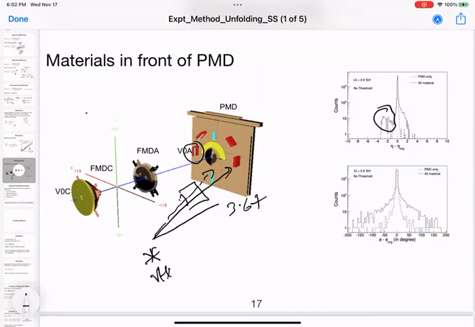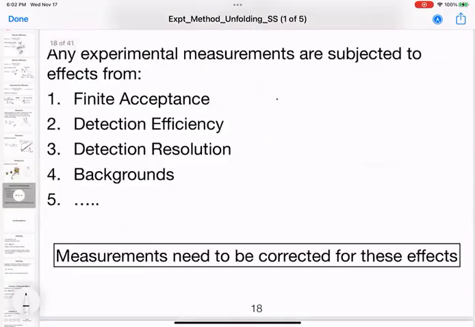Okay. So finally, let's summarize this part. In any experimental measurements, we have various instrumental effects. For example, we have the finite acceptance, the detection efficiency or detector efficiency, and the detector resolution, for example the energy resolution and also the momentum resolution.